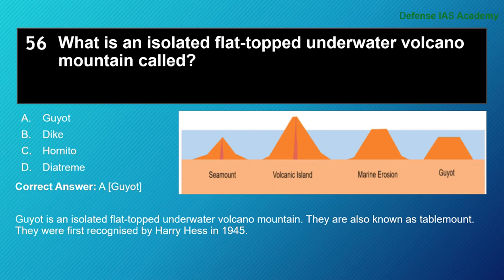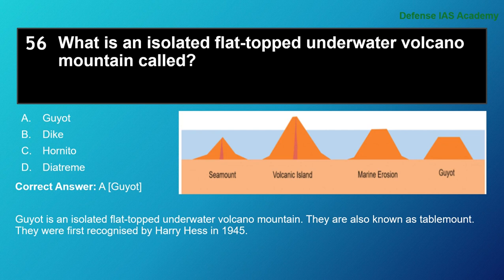Now, how is a guyot formed? You can see, other than guyot, like in the picture shown, we have seamount, volcanic island, and marine erosion. So, we'll first talk about the volcanic island. When volcanoes form on the seafloor, they build up over time and erupt volcanic lava, which cools and becomes basalt.